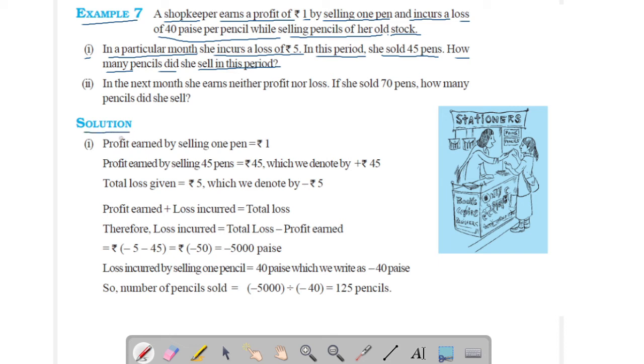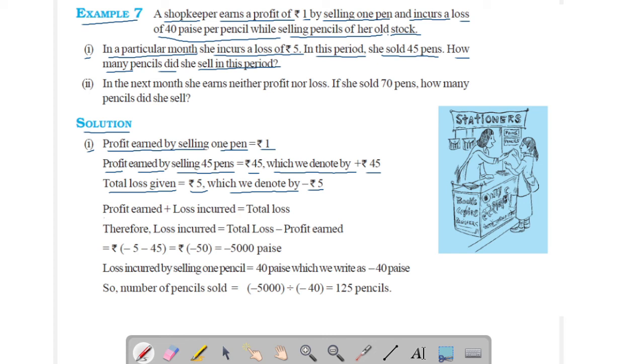See the solution of first part. Profit earned by selling one pen equal to rupee 1. Therefore, profit earned by selling 45 pens equal to rupees 45, which we denote by plus rupees 45. Total loss given equal to rupees 5, which we denote by minus rupees 5.